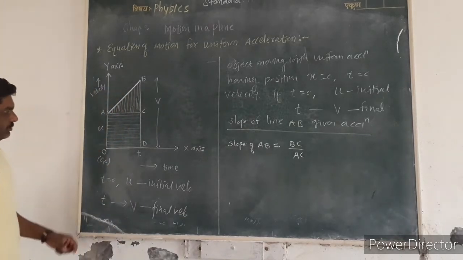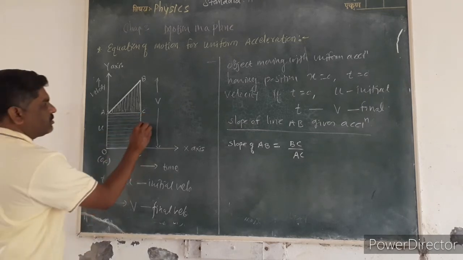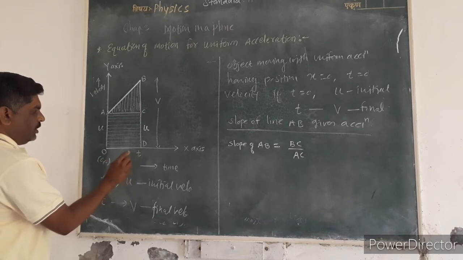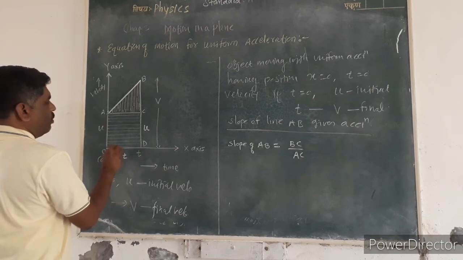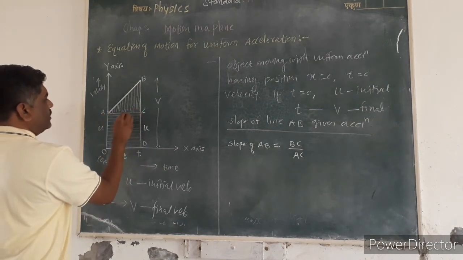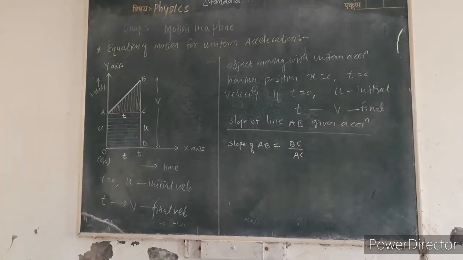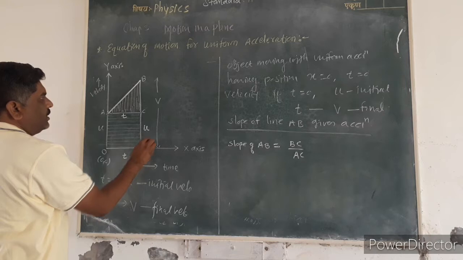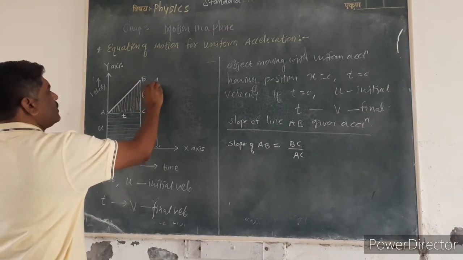In the figure, OA is equal to CD, that is, this is also the initial velocity u. This OD is similar to AC, hence this AC is nothing but t. OA is u, CD is u, BD is v, then BC is v minus u.